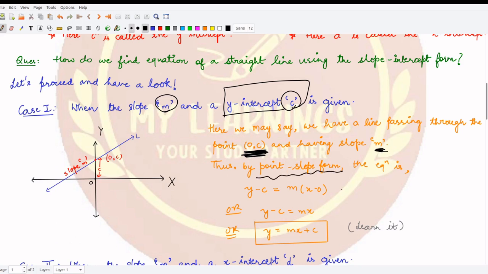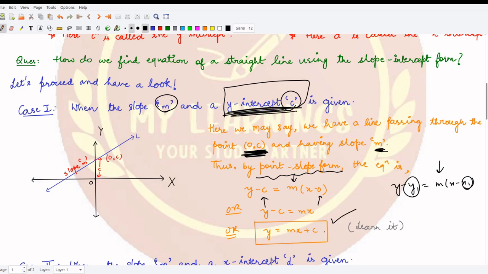So using that, what was the equation? y minus y1 is equal to m(x minus x1), correct? Where y1 and x1 are the coordinates of the point given to you, and m was the slope. So here, substituting the values of point as 0 and c and the slope m, and simplifying, you get the equation y is equal to mx plus c. So this is the slope intercept form when y-intercept is given to you.